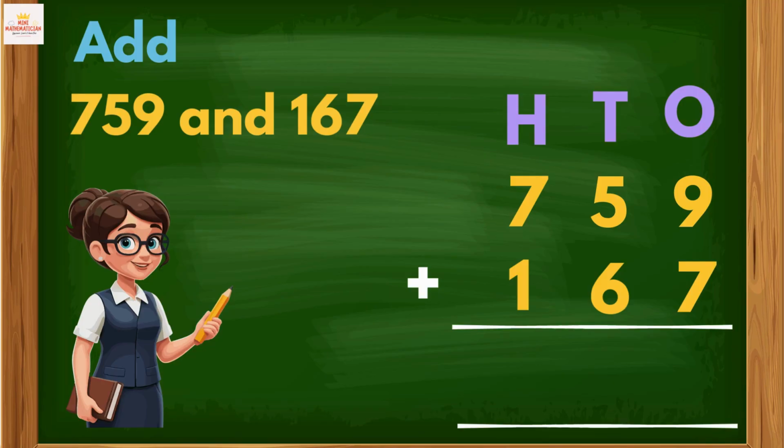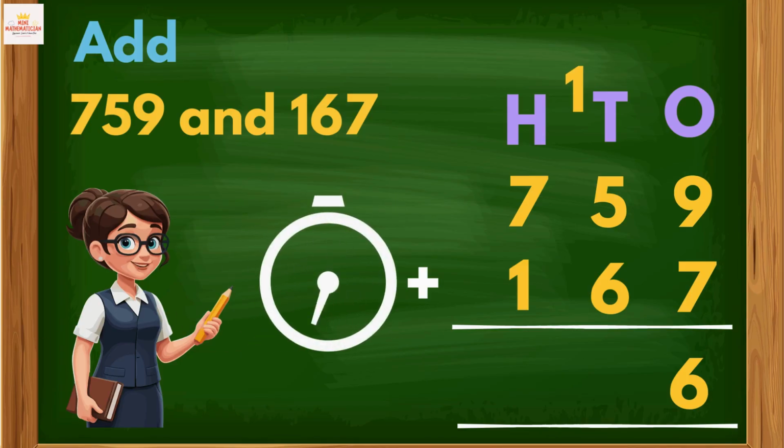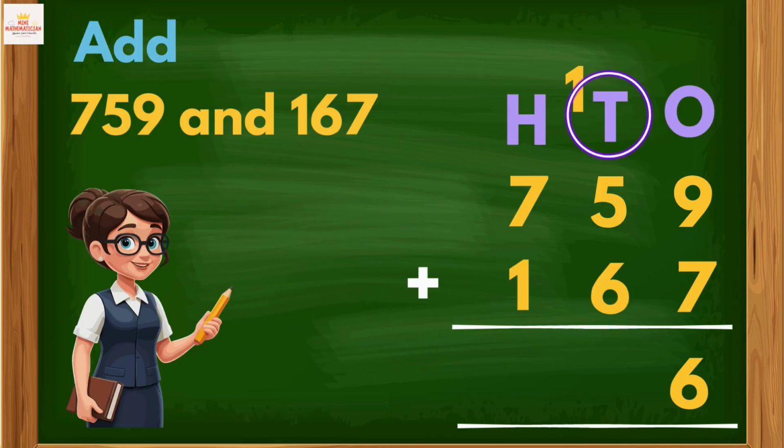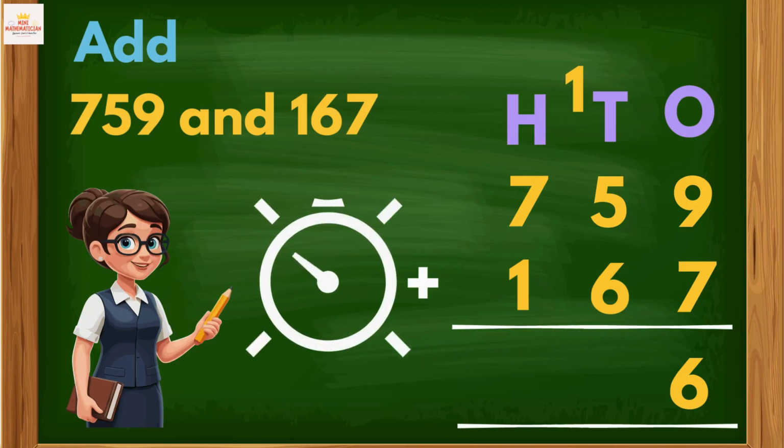Yes, 9 and 7. After adding, we get 16. So we write 6 in the ones place and carry 1 to the tens place. What is the next step? Well done. Add the tens. What are the numbers in the tens place?